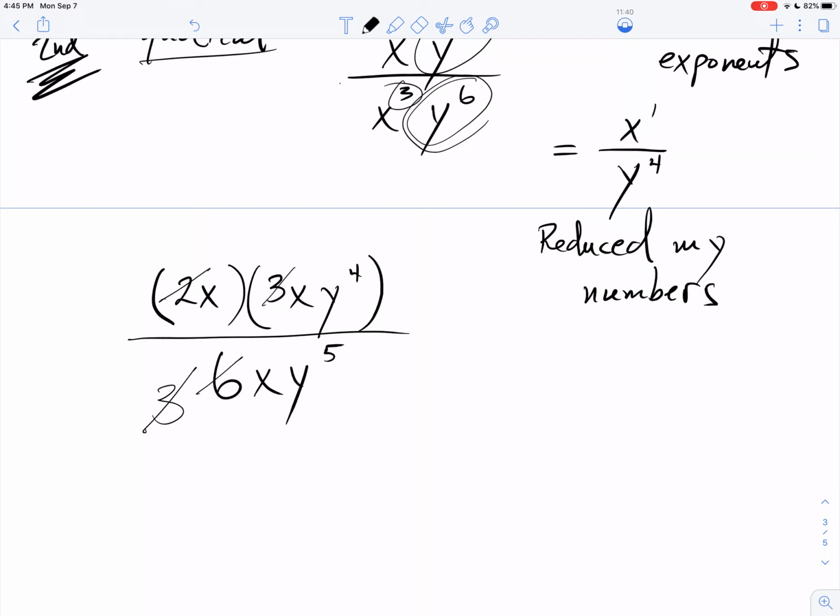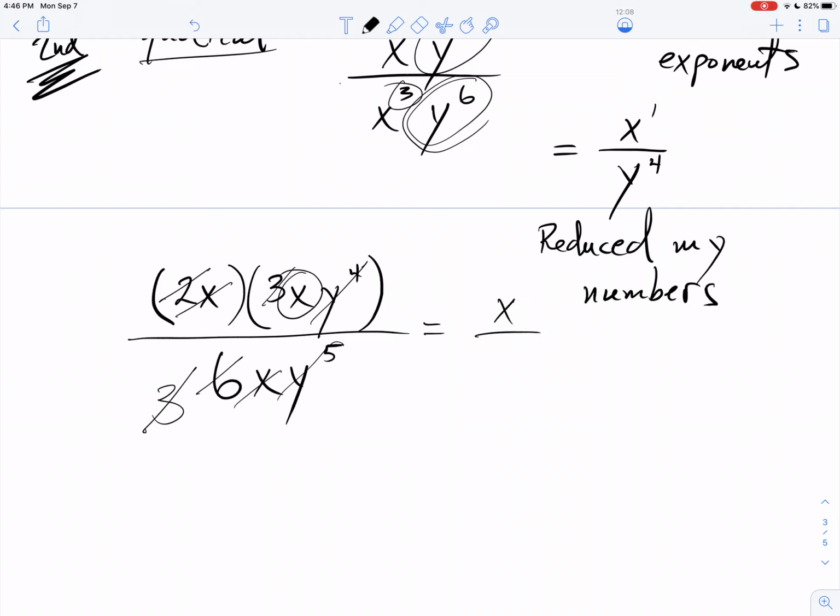Well, you're not subtracting. They're not exponents. Those are numbers. Numbers do what numbers have always done. If you have numbers in the top and numbers in the bottom, you can reduce them. But if I did this now, I said, hey, x to the first knocks out x to the first. Hey, there's a y to the fifth and the y to the fourth. I'm going to just collect what's left over. This guy is the only thing left in the top.